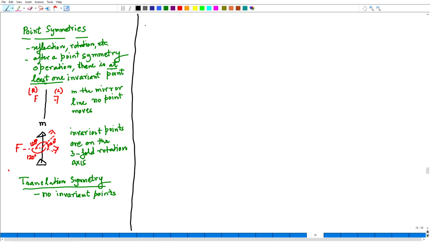Now, let us look at 2D lattices in some detail.